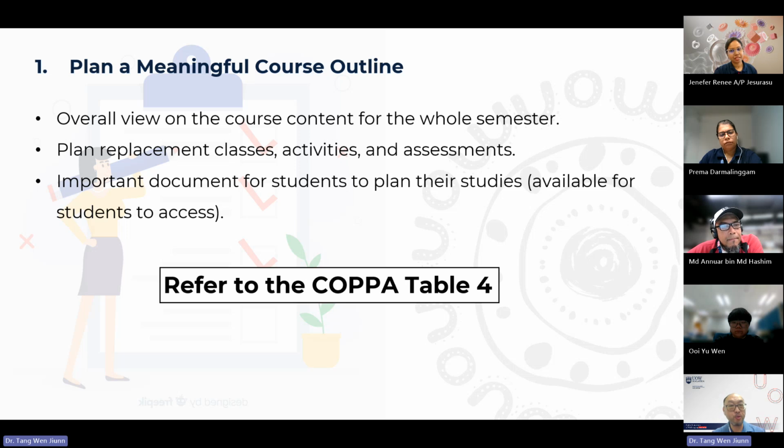We're supposed to show the course outline to students on the very first day itself, so that they know what they signed up for: how many chapters, what the coverage is, what the assessments are, and when these assessments are. It's like early planning for them to expect what to do throughout the semester.